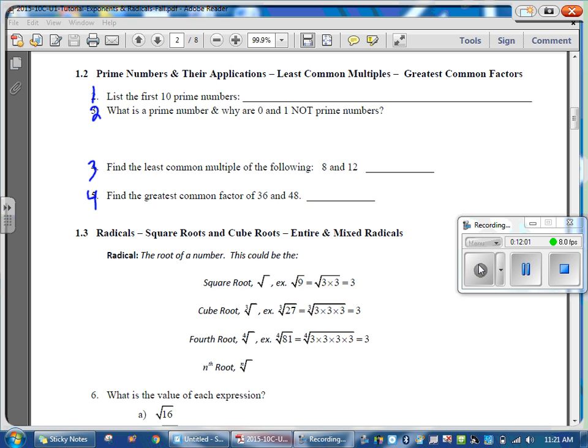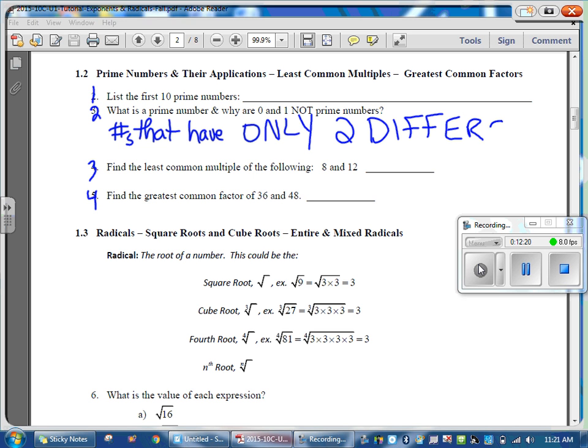numbers? Well, prime numbers are numbers that have only 2 different factors. And they are 1 and itself.